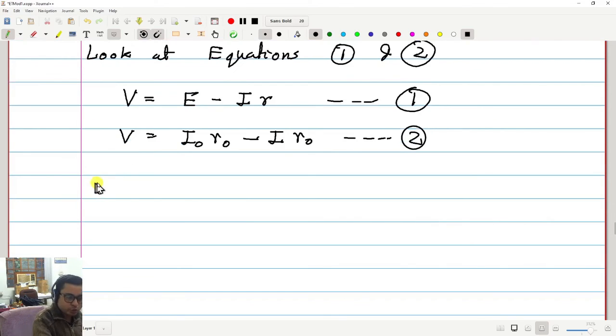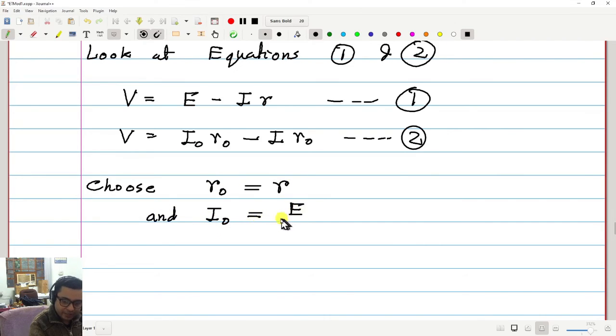Now let us choose our current source such that R naught is equal to R. That means let us take a current source whose internal resistance is the same as the internal resistance of our voltage source. And also let us choose I naught equal to E by R. So choose the value of the current source such that this is equal to the value of the voltage source divided by R. Then what happens?